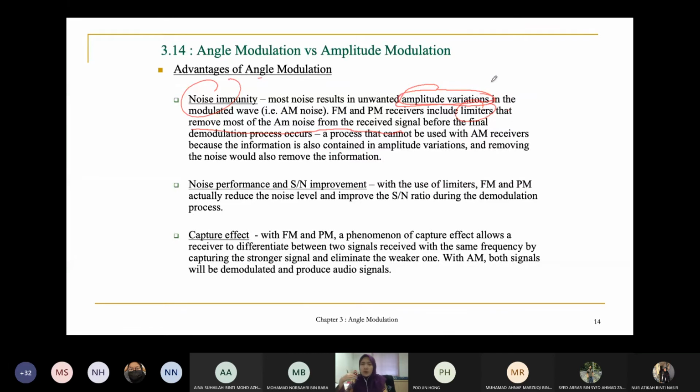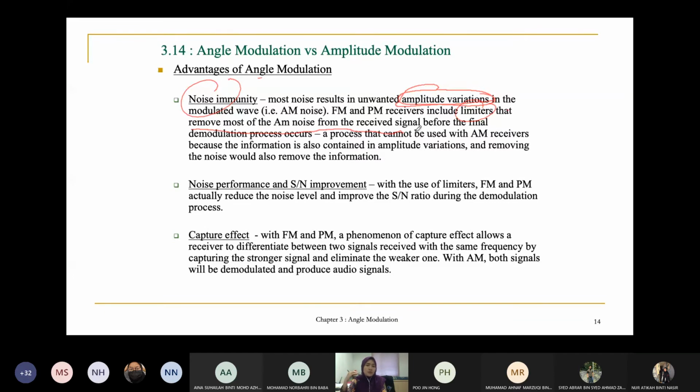When you are asked why angle modulation has better noise immunity compared to amplitude modulation, you must answer this in detail. You must be able to answer that angle modulation includes a limiter, where the function of the limiter is to remove the amplitude variation in the modulated wave.